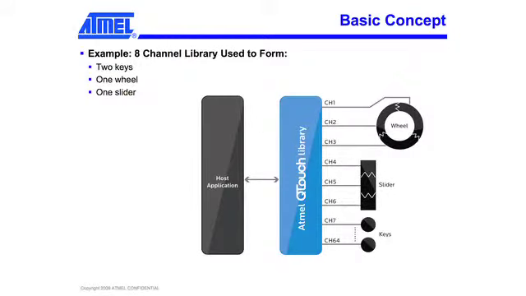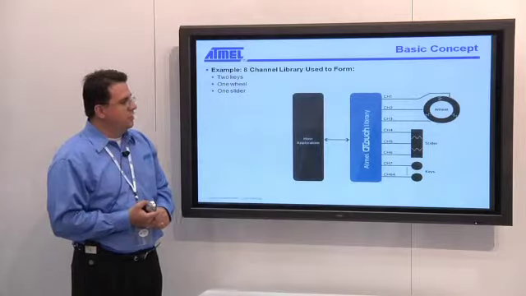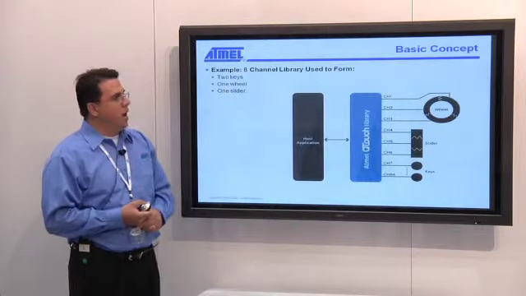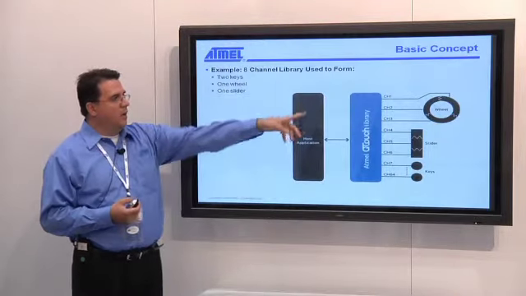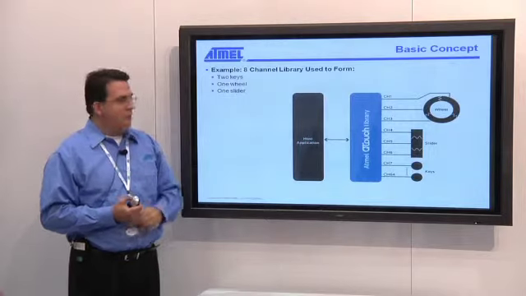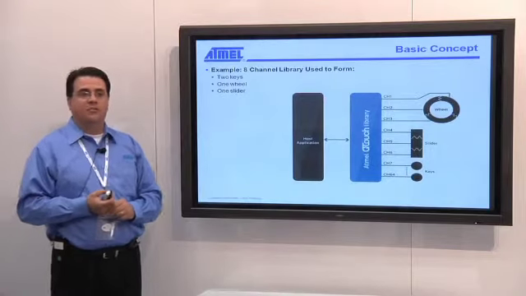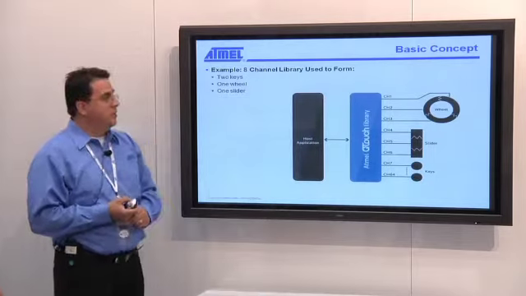An example might be that you have your host application with your other functions, and a design that requires a wheel, a slider, and some buttons. In this case, we're able to implement a wheel with very high resolution with just 3 electrodes.